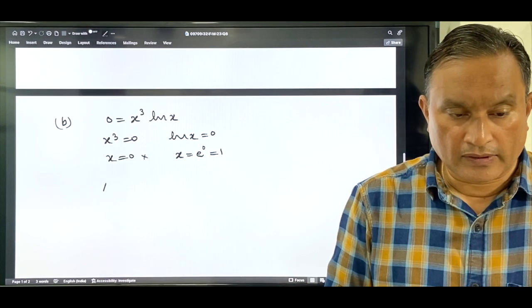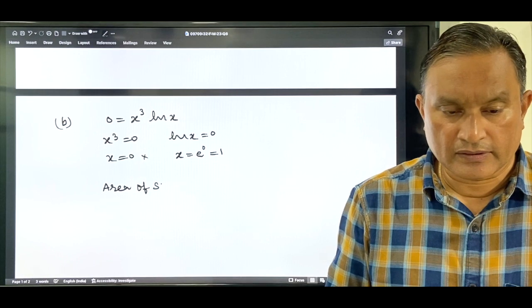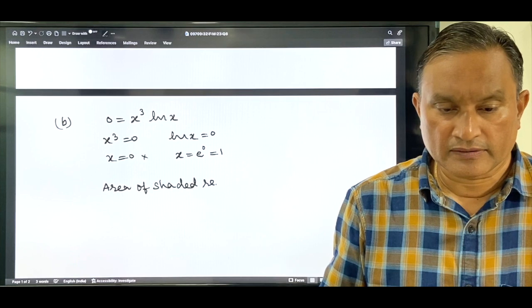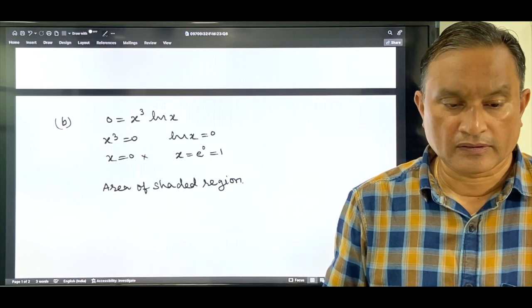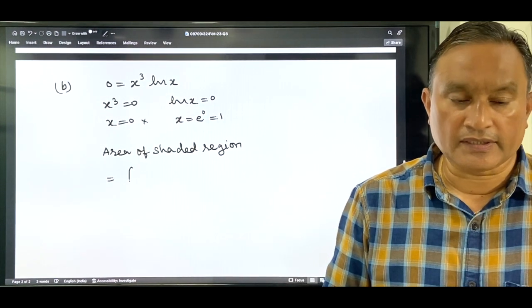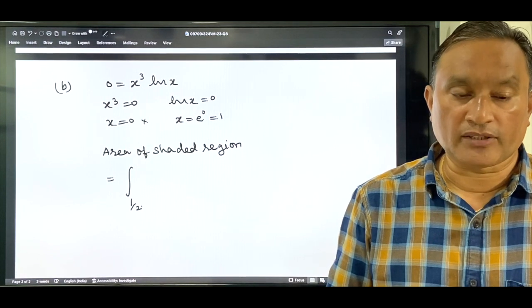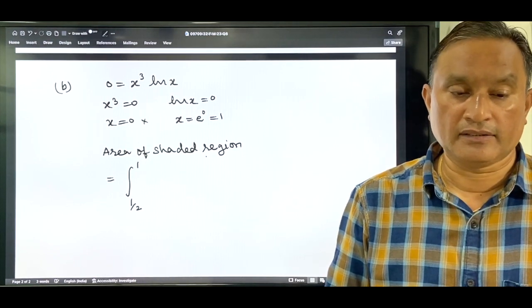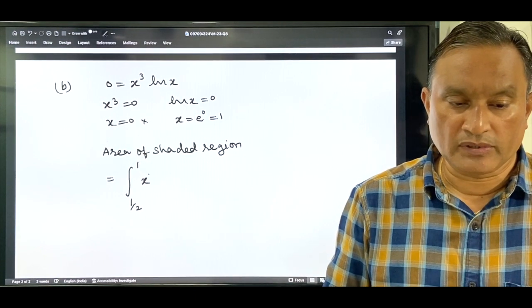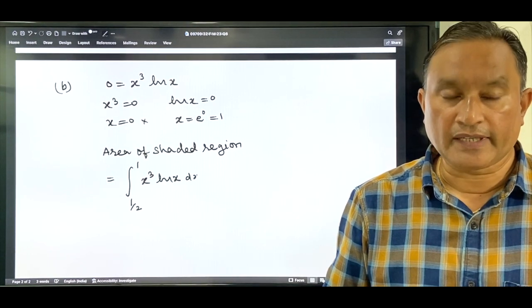So the area of the shaded region will equal the integral from 1/2 to 1 of the function x cubed ln x dx.